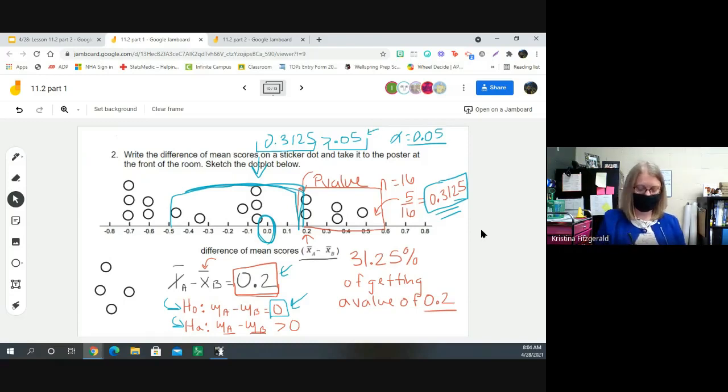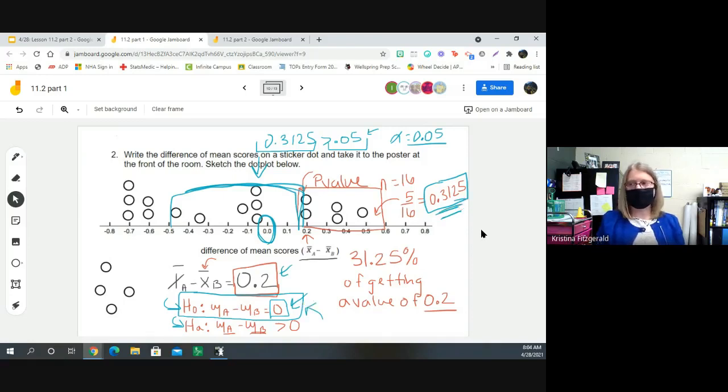So we would say, okay, well, 0.2 kind of happened a lot, and so that's still pretty common value just to get. I mean, data varies. It's never going to perfectly have a difference of 0, but generally, we're good with this. So we would fail to reject, and we would go with this one because our result is pretty common and it happened a lot.